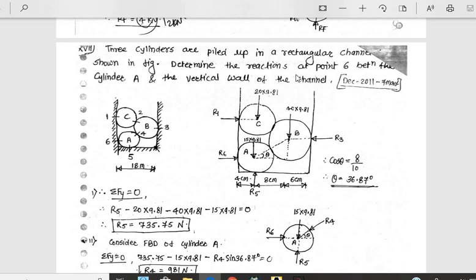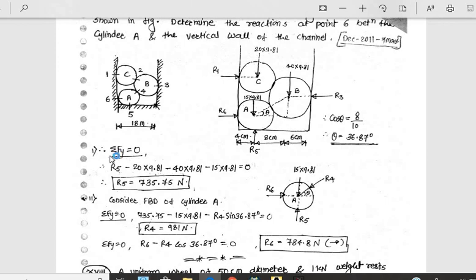Okay, you understand, observe it carefully, draw its free body diagram, and you will get this theta. Cos theta is 8, this is the radius of this, and this is again 10. This is 8 and this is 10. Then use summation Fy is equal to 0, 20 into 9.81 minus 14 into 9.81, so you will get R5 is equal to 735.75.